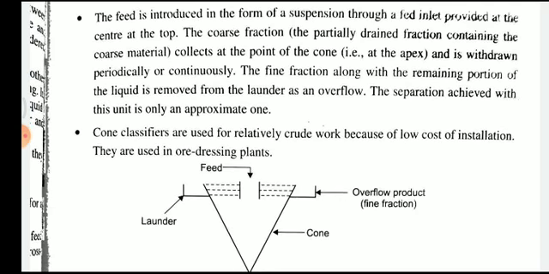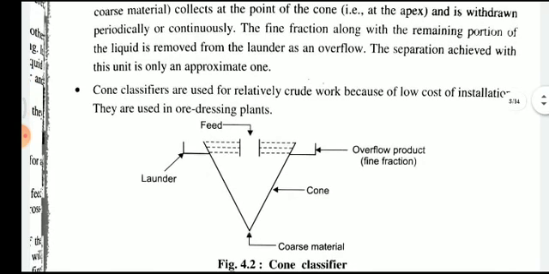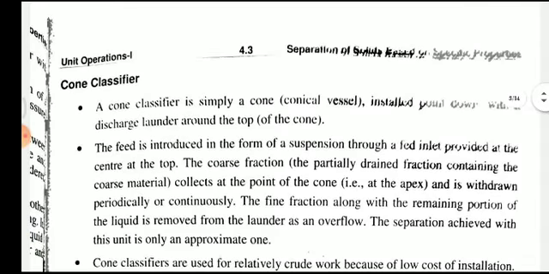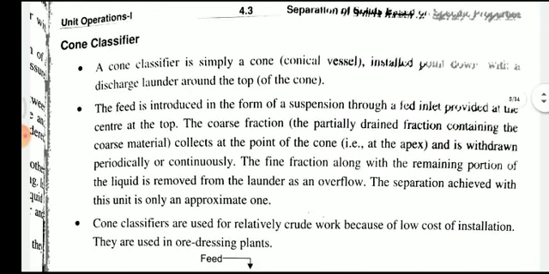Feed is fed from the top and discharged from the outflow. The feed is introduced in the form of suspension through a feed inlet provided at the center at the top.